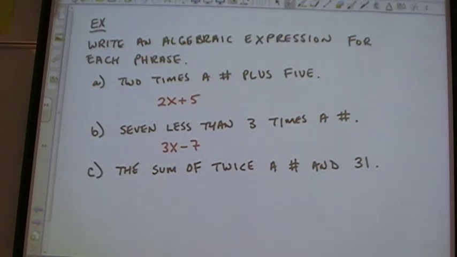Where are you getting 12 from? That's just my number. Oh, you made up a number. Okay, we don't wanna make up a number. We wanna use a variable. The sum of twice a number and 31: 2x plus 31. Good. Got it. 2x plus 31. The reason we don't wanna make up a number is because then you're locking yourself into a fixed figure. X could be anything.